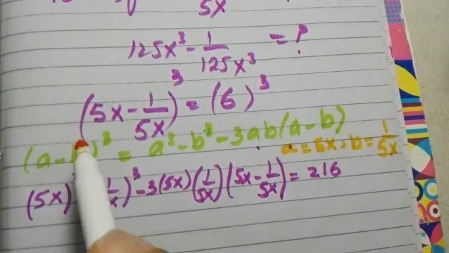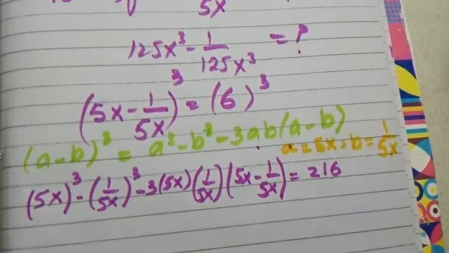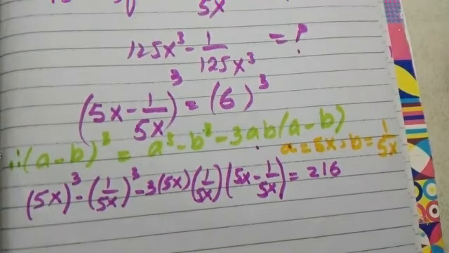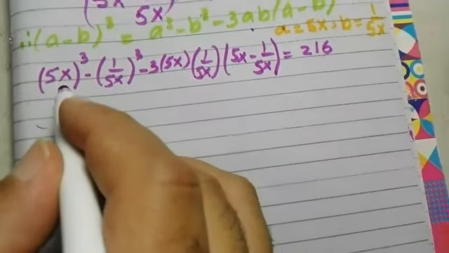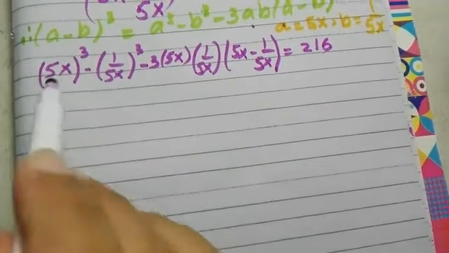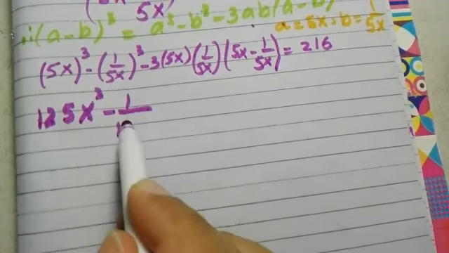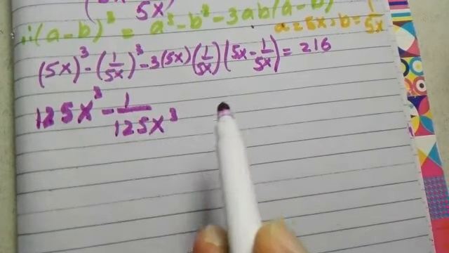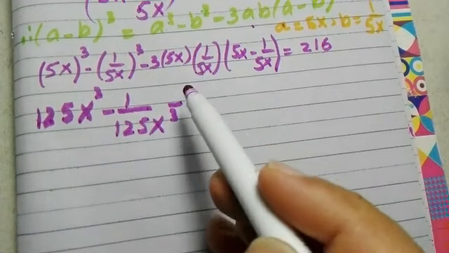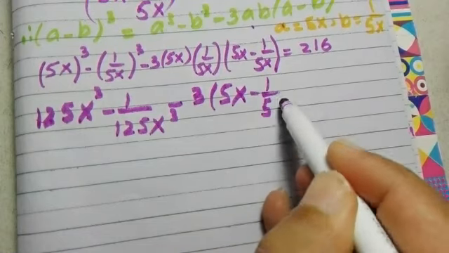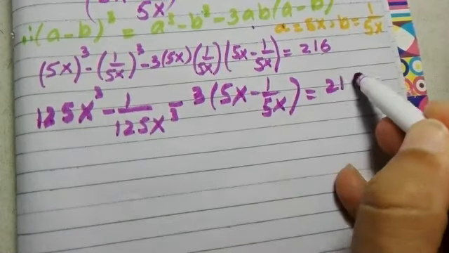And by taking this, if you expand it with reference to this formula, you will find it. Now, 5x cube is actually 125 x cubed. This will become 125 x cubed. 5x will be cancelled by 5x. Only 3 times 5x minus 1 over 5x equals 216.